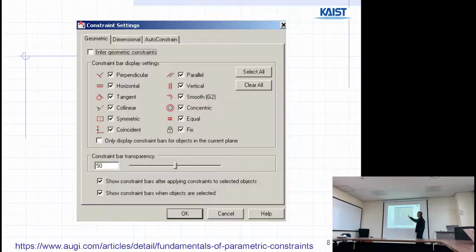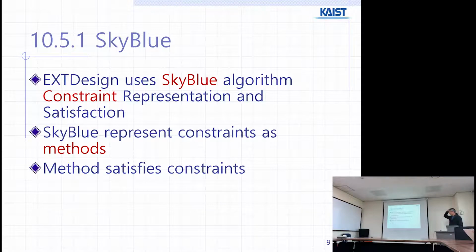Parametric concept: perpendicular, parallel, vertical, tangent, smoothing, collinear, concentric. And so SkyBlue is a kind of constraint representation algorithm. They represent a constraint as a method.